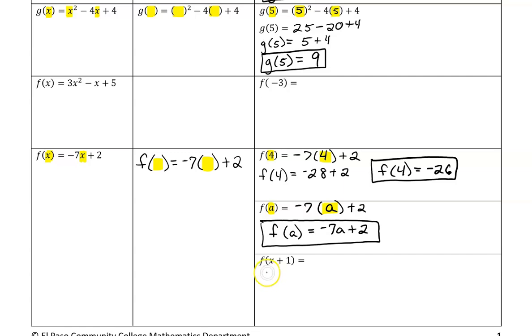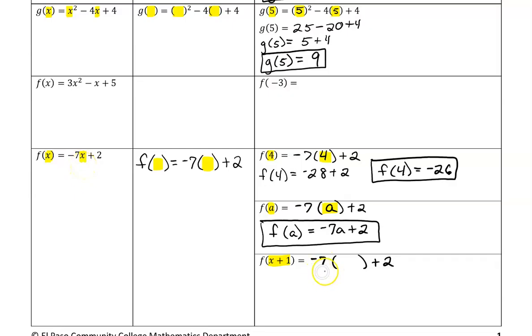The last one here, we have f of x plus 1. All right, we're upping the ante a little bit on this one. But the same setup, the starting point of these evaluations always begins with that skeleton. Just to get us in that habit of we're going to plug something in to this spot here, wherever the original variable was.